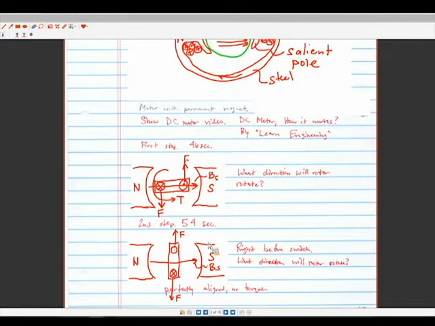I'm going to reverse for a second here. There you go. Let's start here again. When the current flows through the coil, an electromagnetic force is induced on it according to the Lorentz law, so the coil will start to rotate.